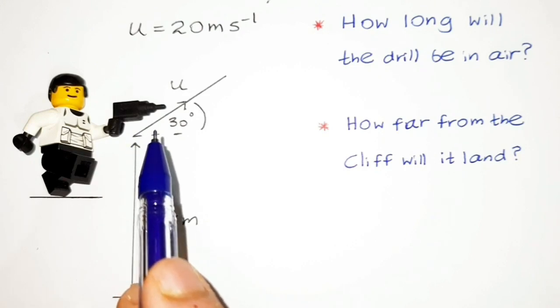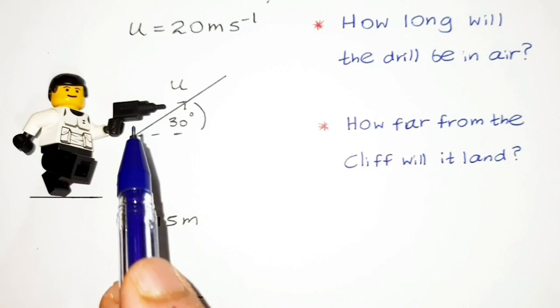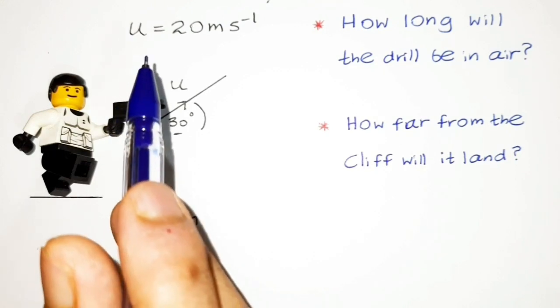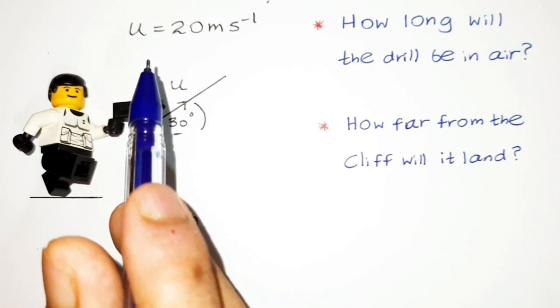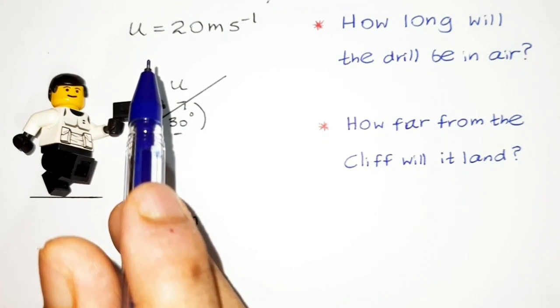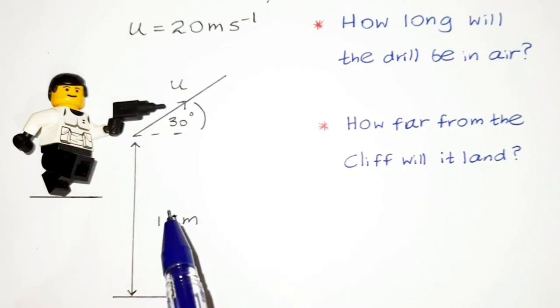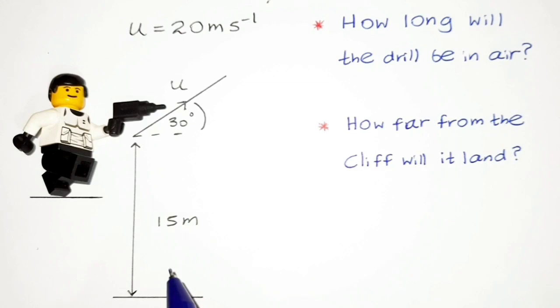You can find that from the component u sin 30. The minimum velocity would be at the peak position. Here, the drill would come to an instantaneous rest, so the velocity would be 0. After that, it would fall under gravity. Thereby, the velocity would negatively increase in this direction.